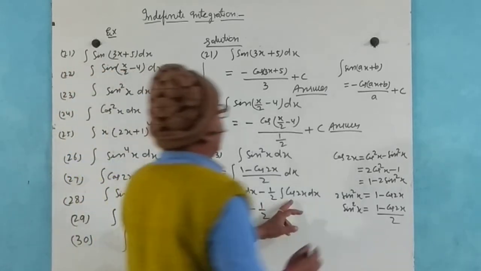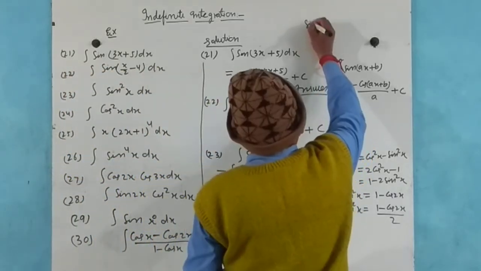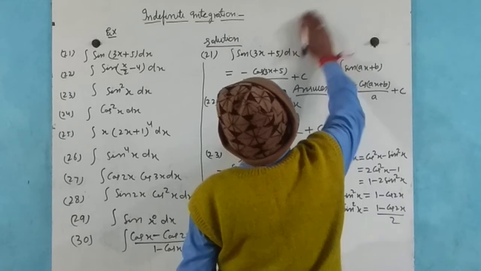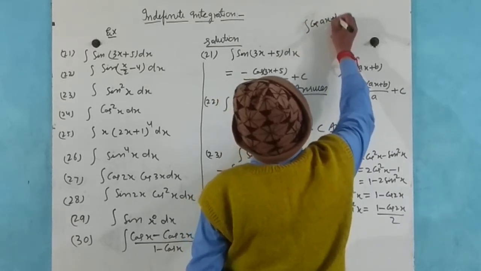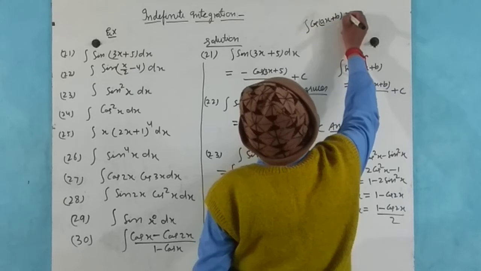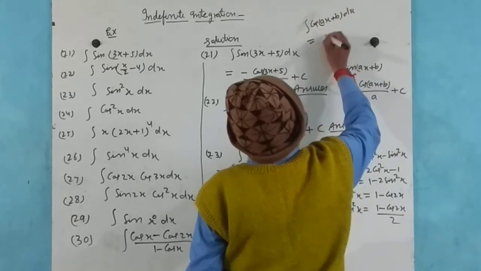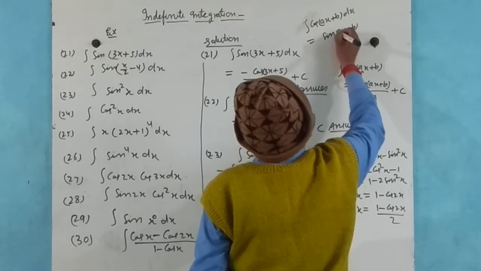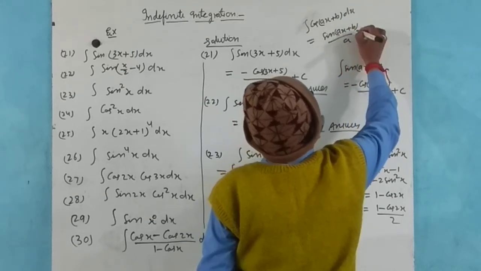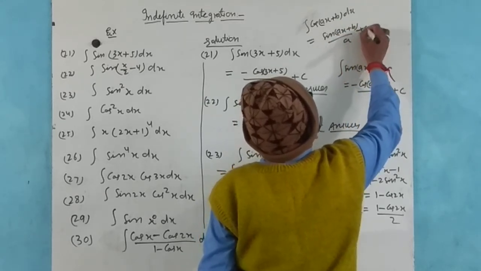As you know, integration of cos(ax plus b) dx equals sin(ax plus b) divided by a, plus c.